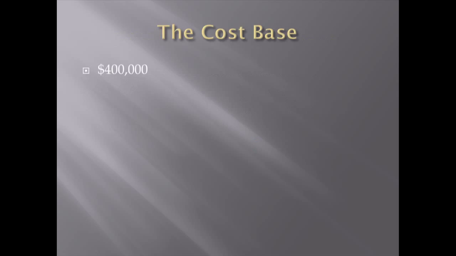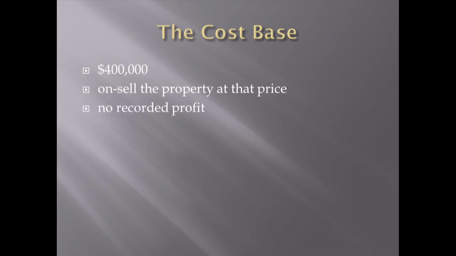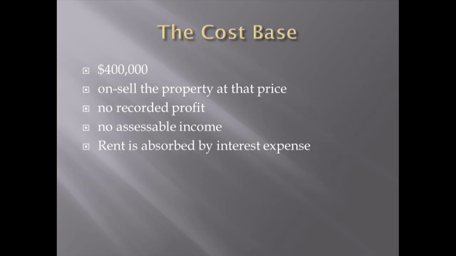The cost base of the property, 400 grand. On-sell the property at that price. There is no recorded profit because the price that you bought at is the same as what you sell at, and there is no assessable income other than the rent you receive, which would be negated by the interest expense.